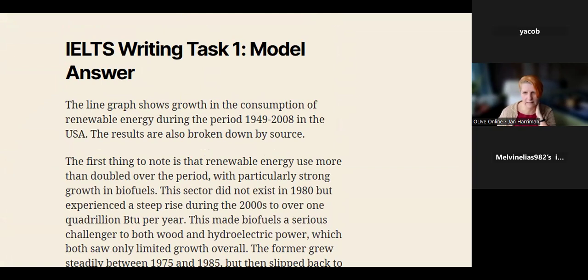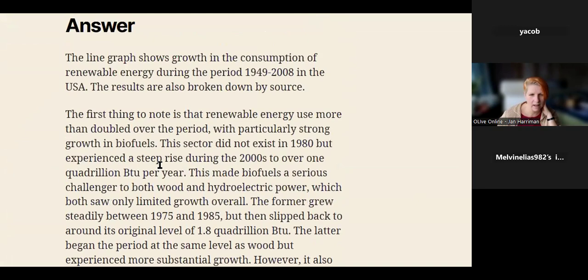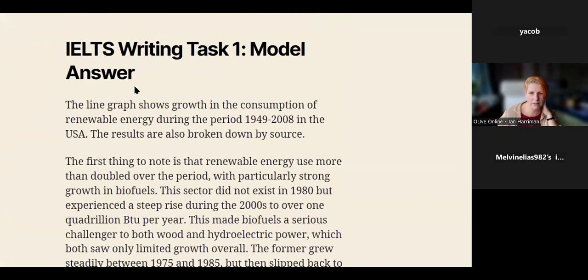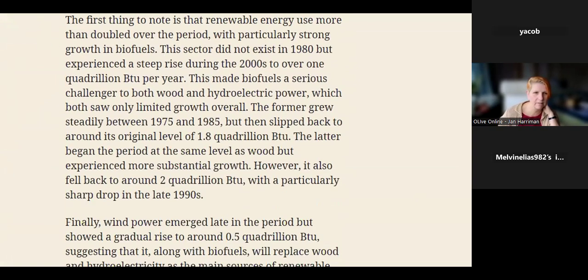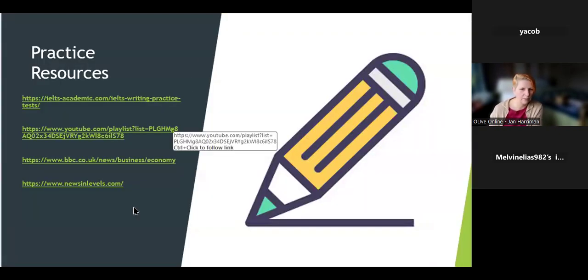They do have an example essay as well. So it's a good chance for you to take a look at how you can do that. It's a good way to check your work. So do look at those. Don't forget to use the word overall so that you've got an overall statement.